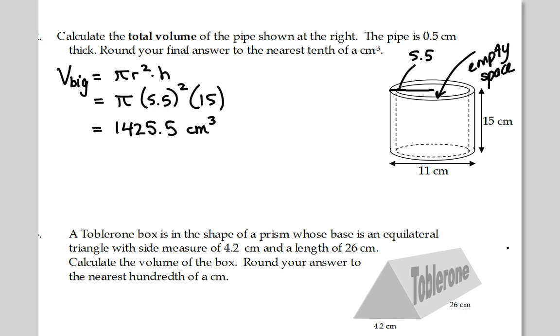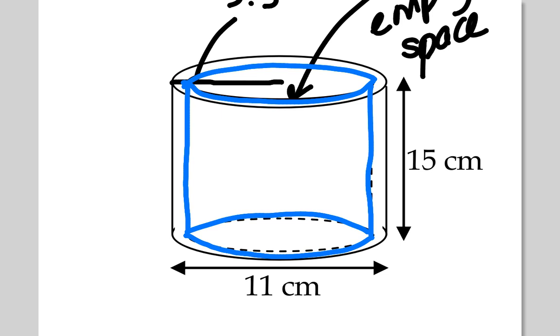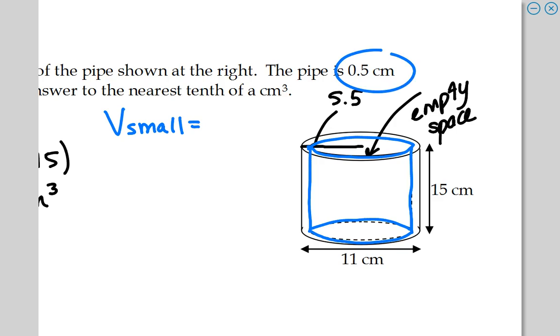Now volume small, the smaller cylinder, is the volume that we want to remove. The volume that we want to remove is this dotted one. That's what we're going to take out. We're going to remove it from the larger cylinder that we just calculated. So what we need is the radius of this inner cylinder that's going to be removed. How thick are those edges? 0.5 centimeter.